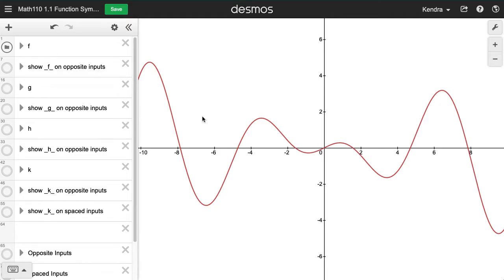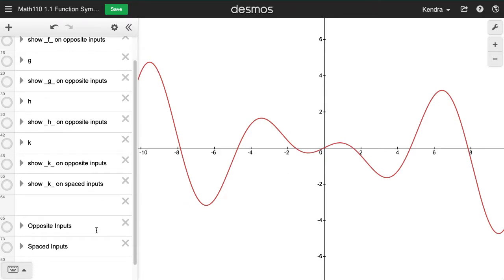So here is a graph of a function f, and I am wanting to determine what kind of symmetry f has. In determining that, one of the tools we use for talking about symmetry is what happens to f on symmetric inputs. There's a couple different types of symmetric inputs.